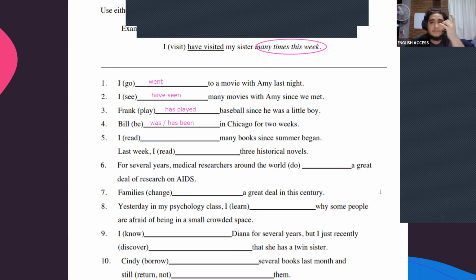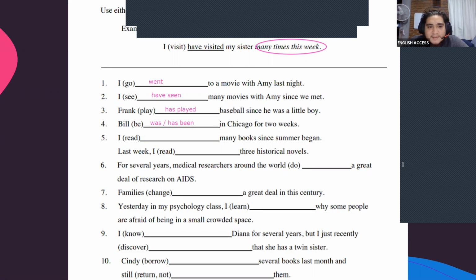Lizzie, number five. Okay, I guess no Lizzie.